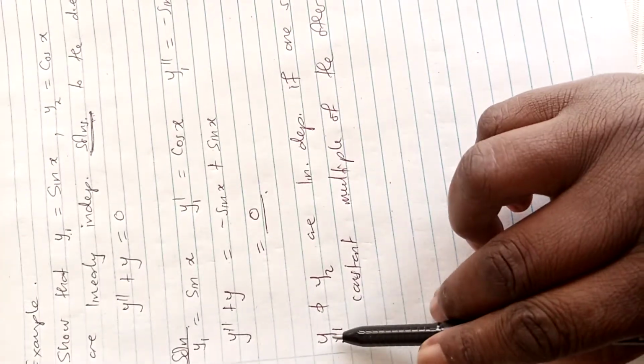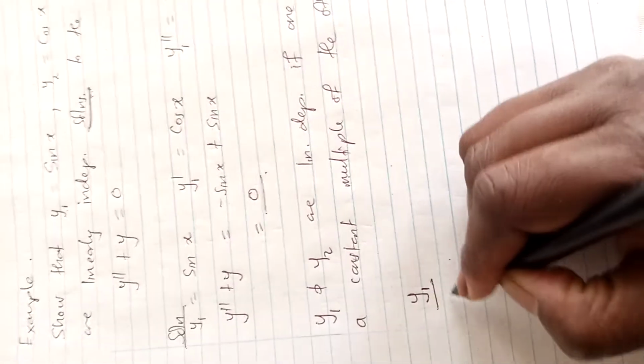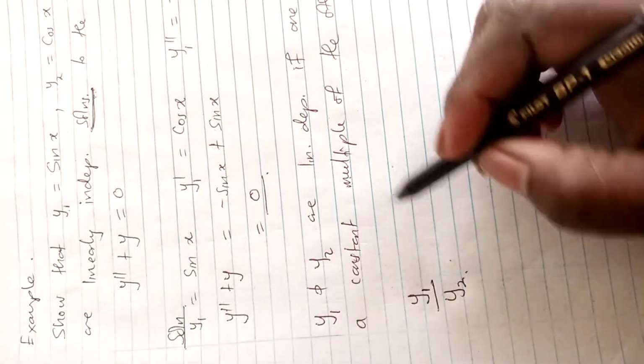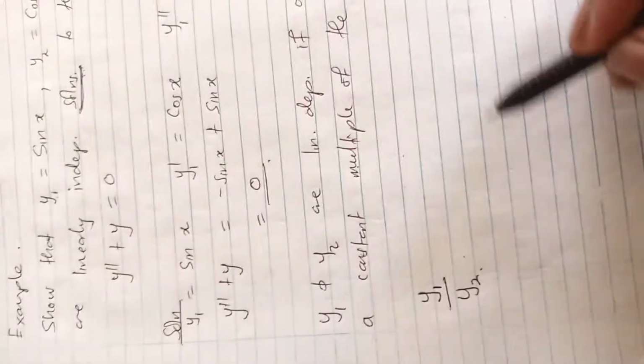If we express y1 over y2 and they are linearly dependent, we should get a constant.